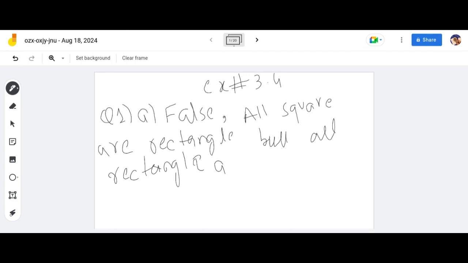We can just increase the size and shape the square into a rectangle, but all rectangles cannot be squares. All squares are rectangles, but all rectangles are not squares. So this is a false statement.